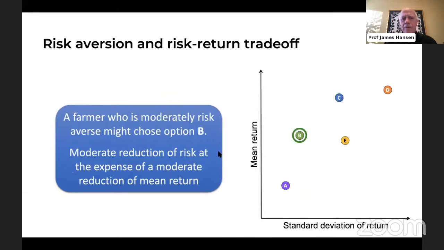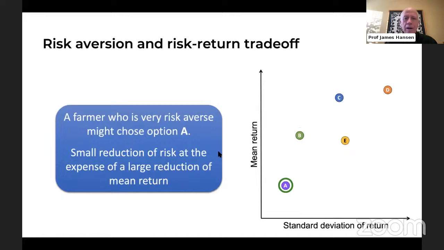A farmer who is a little more risk averse might instead choose option B because it would allow a further moderate reduction of risk at the expense of a moderate reduction of mean return. And a farmer who is extremely risk averse might choose option A, which has the lowest standard deviation, but also lowest expected return.